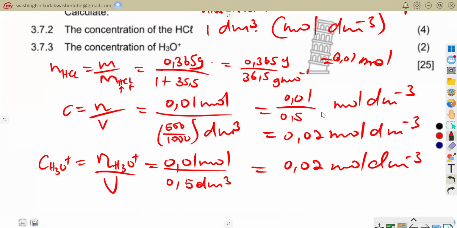Here they are just testing whether you know how to calculate the concentration of a product from the balanced equation.